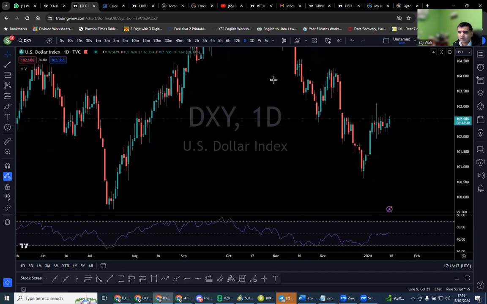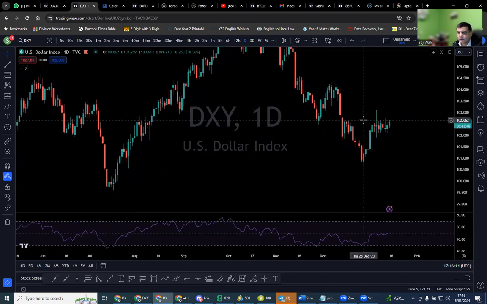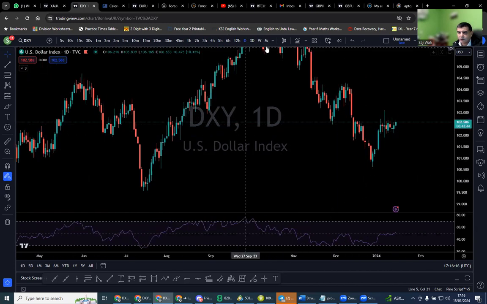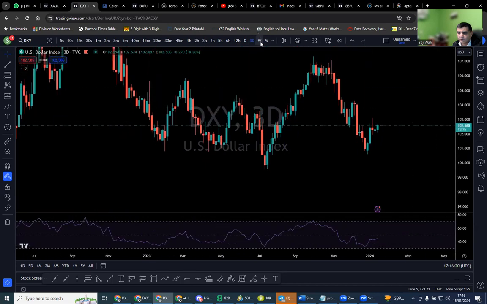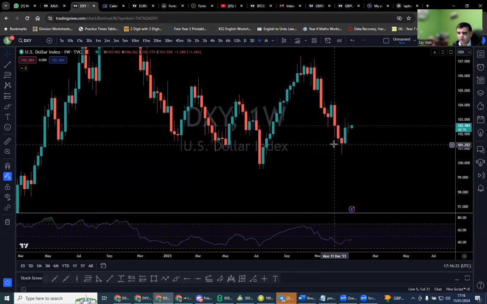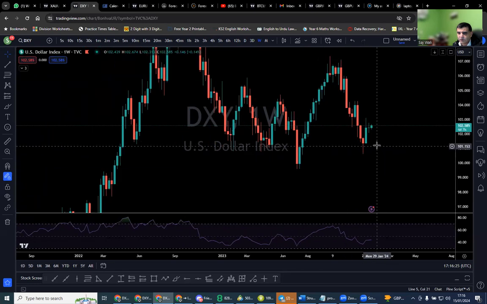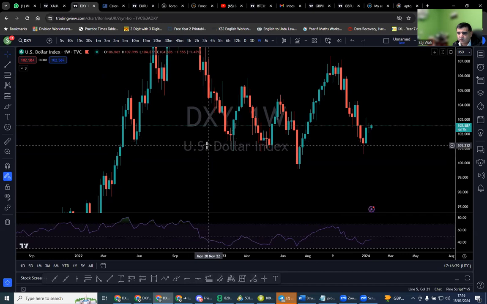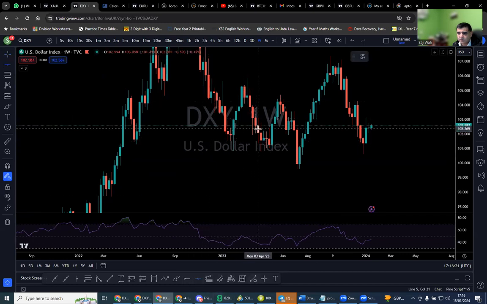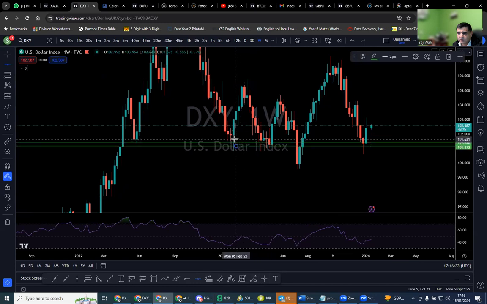Okay. So this Dixie daily chart is on, let's go to the 3-day chart. This, in fact, is weekly. That's what the situation is. Interesting. The Dixie is rejected from here in weekly.